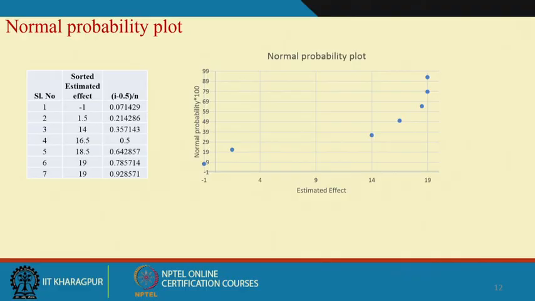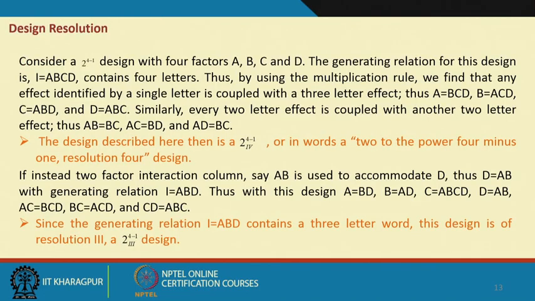So, using Occam's razor, the heredity principle as well as the sparsity of effect principle, you are in a position to conceptually eliminate some of the low value effects. And you have seen earlier the normal probability plots of effects, to find out which effects are significantly larger than others.